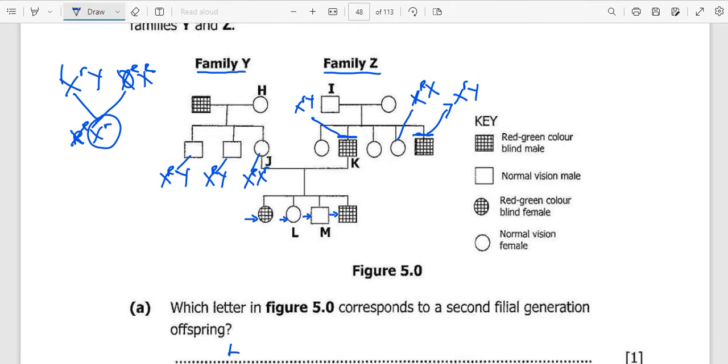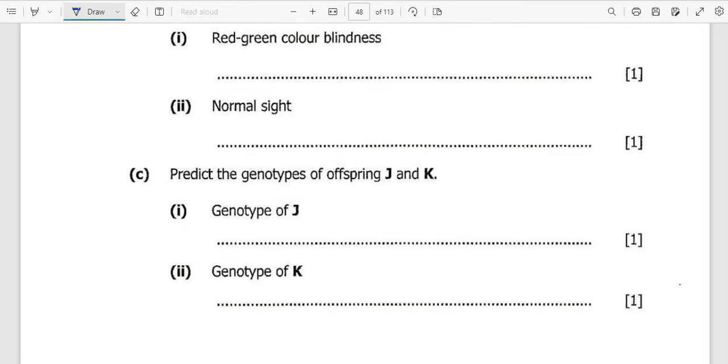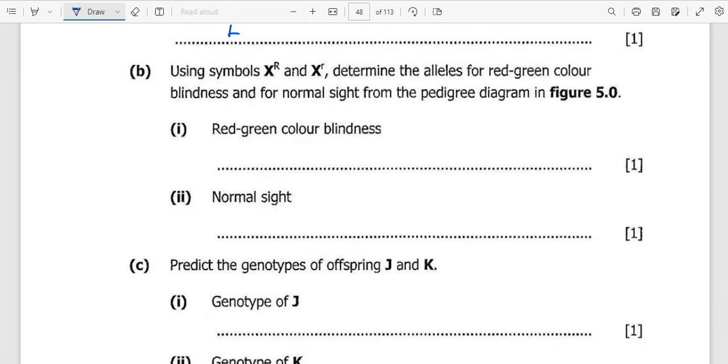So now when you look at the question here, it has to say red-green color blindness. So red, we have to write, okay. And then normal sight, so normal, okay.